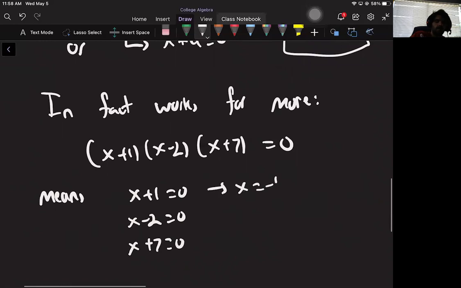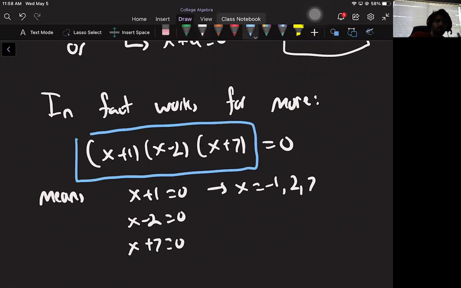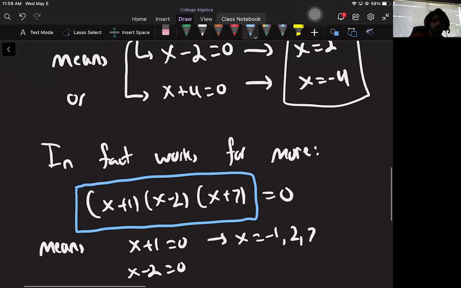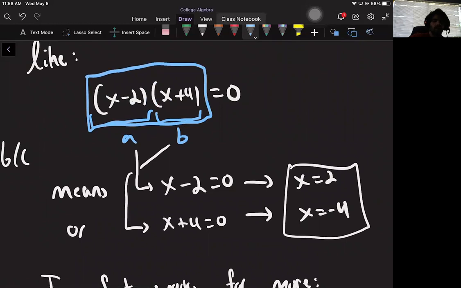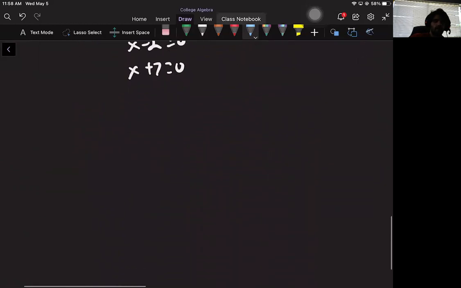So x equals -1, 2, and 7 if I solve each one of these. So this is the power of the zero product rule. But of course, what this means is I better know how to factor things because this is coming from a polynomial that's already been factored out. Same thing here. So luckily, we just learned about factoring, so we'll be able to use that.